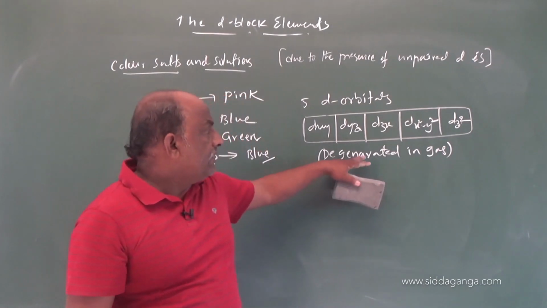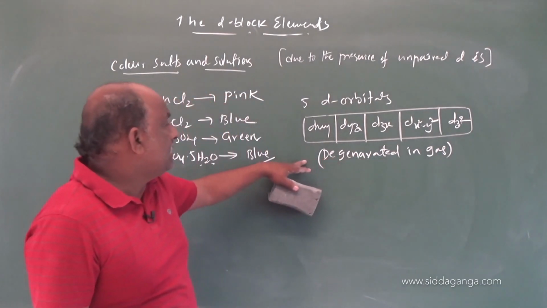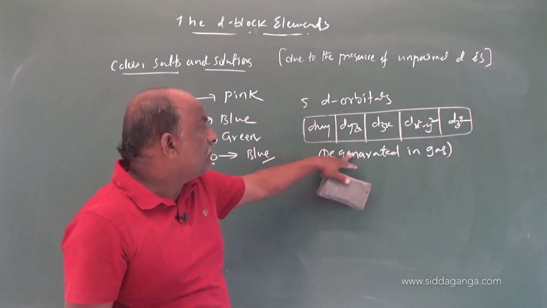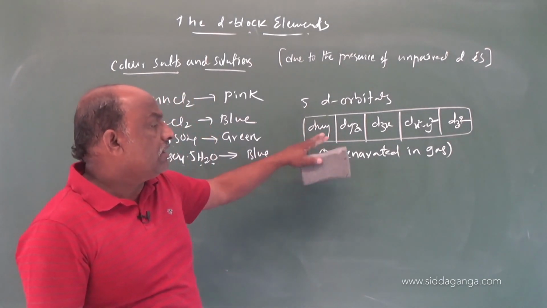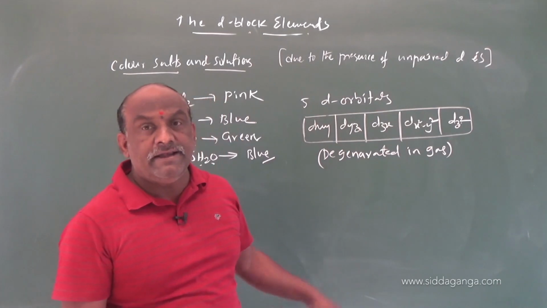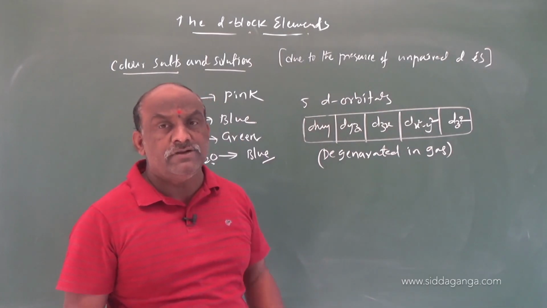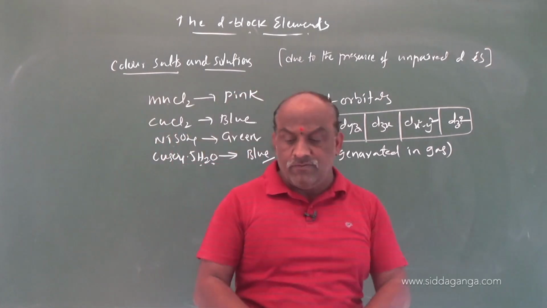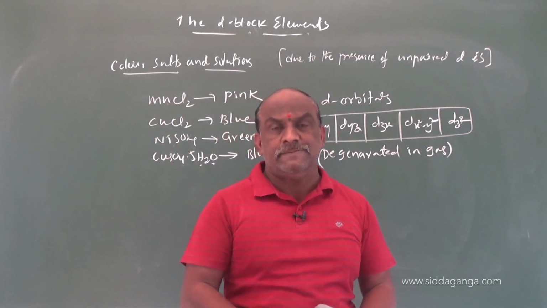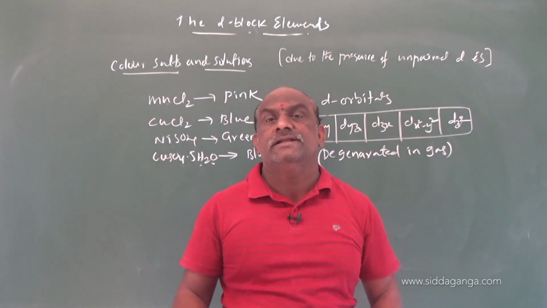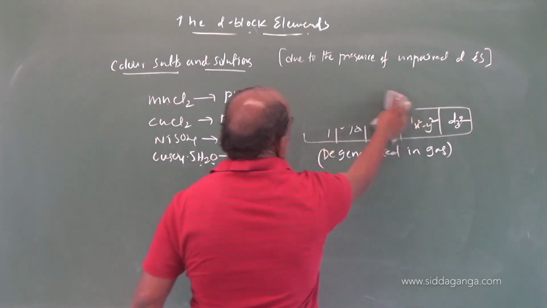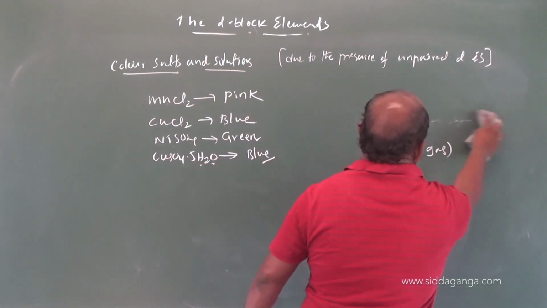So when in the gaseous state, the 5d orbitals are degenerate; under the influence of anions or when hydrated, meaning under the influence of water, we find that splitting takes place. That splitting is called crystal field splitting. So what happens when splitting takes place?